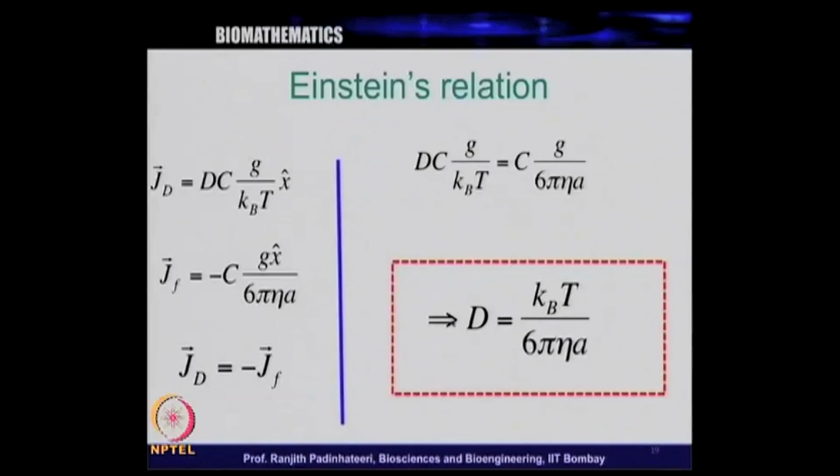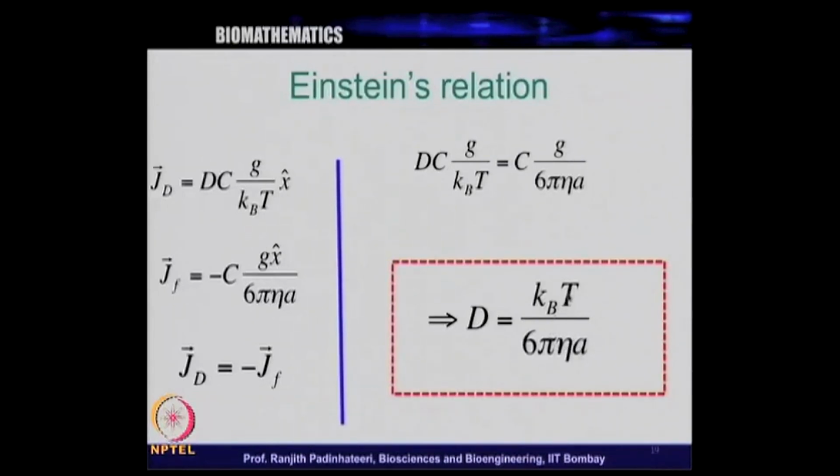So, this says that the diffusion coefficient is equal to kBT by 6 pi eta a. This is the famous Einstein's relation, that relates the diffusion coefficient to the Boltzmann constant, temperature, viscosity and the size of the particle.